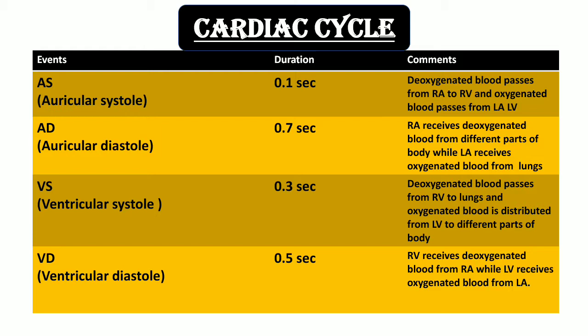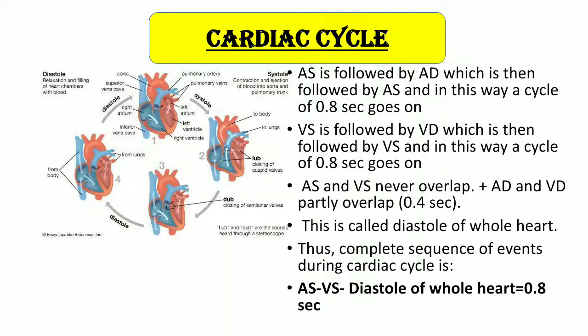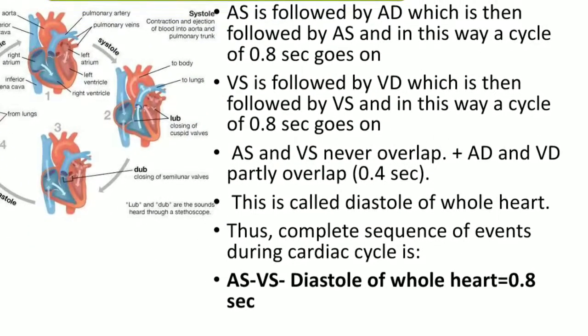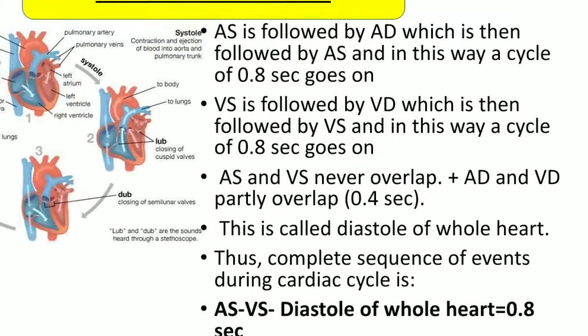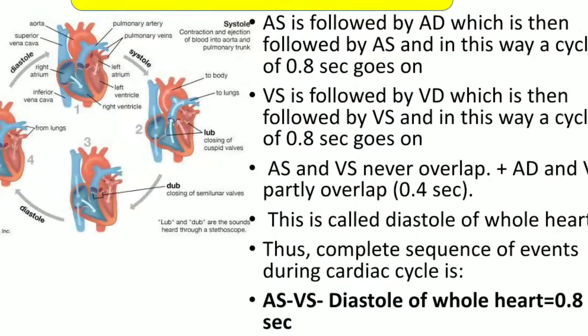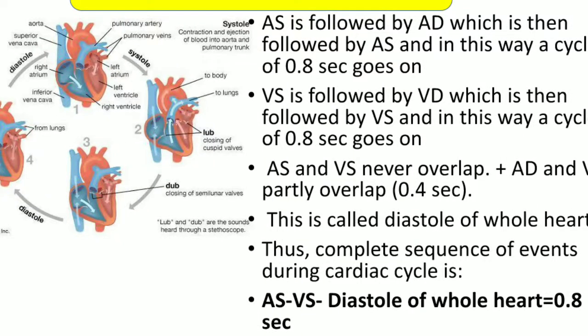How? I will tell you all now. See, this is the cardiac cycle. Auricular systole is followed by auricular diastole.